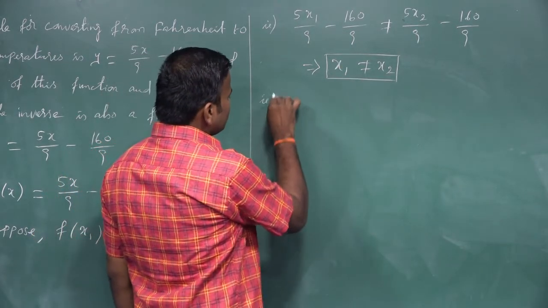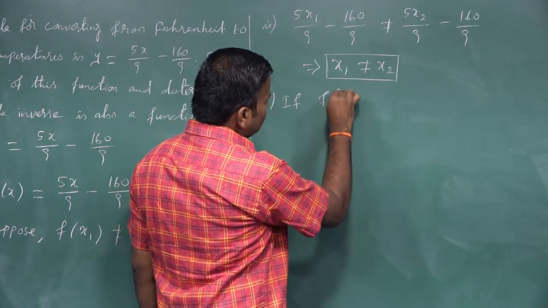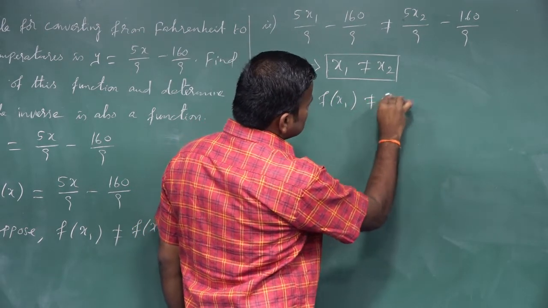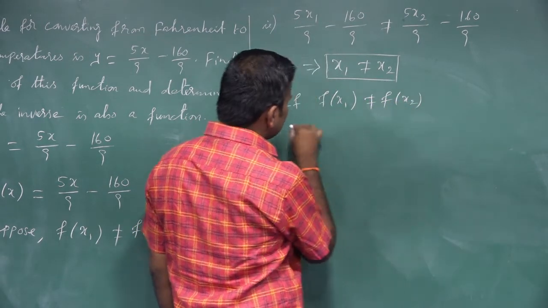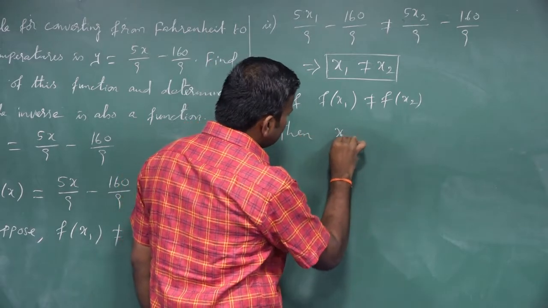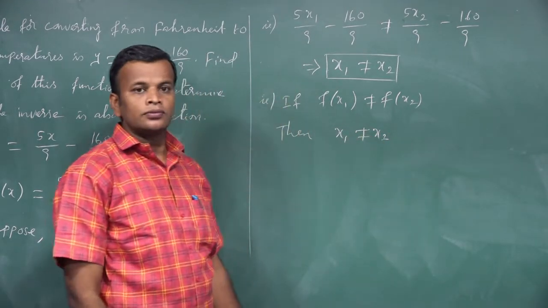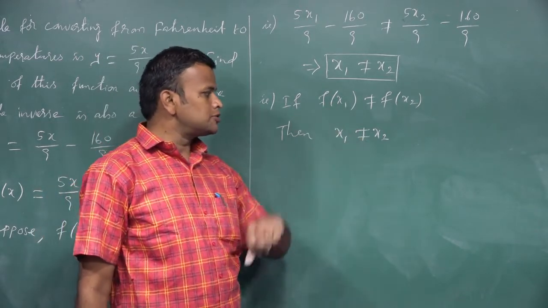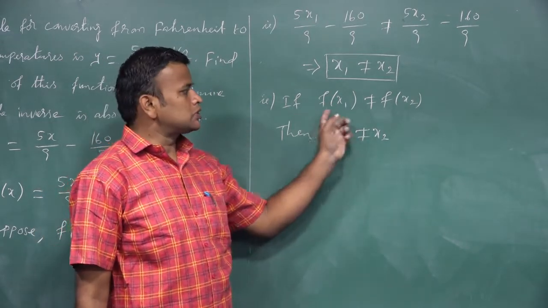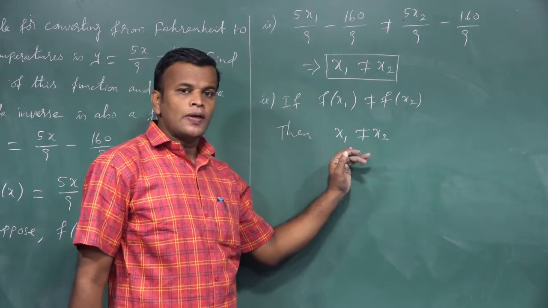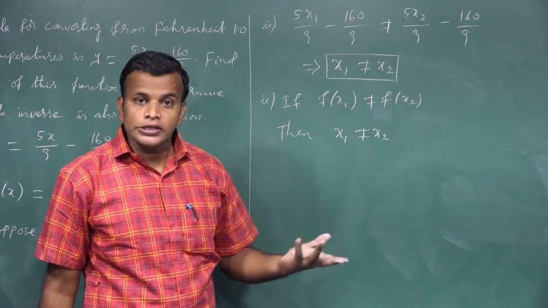That is, if f of x1 is not equal to f of x2, then x1 is not equal to x2. So why do we say this concept, sir? Suppose a function satisfies these concepts, then we say the given function is a bijection.